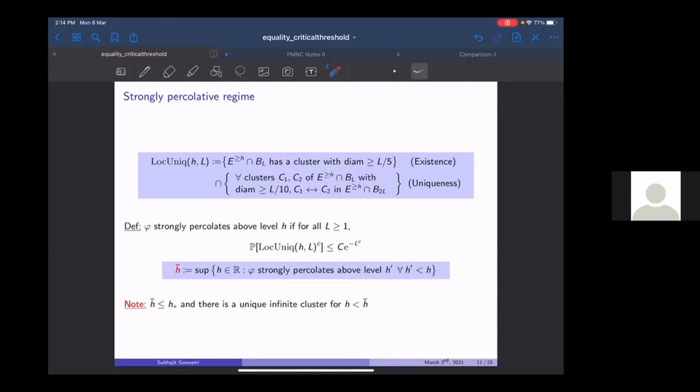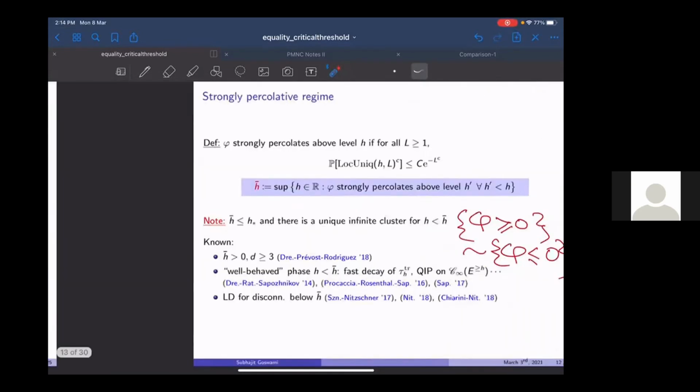But again, of course, the whole discussion can be null and void unless you can prove that h bar is indeed strictly bigger than minus infinity, so that h bar is finite. And of course, the stronger the condition you put here, the more difficult it becomes to prove the finiteness of those kind of estimates. But it was proven.